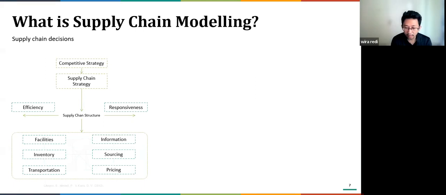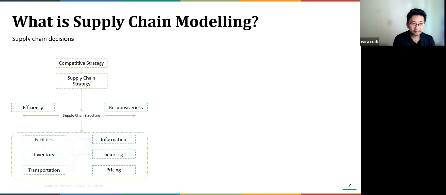Pizza, if you order and it takes so long, and when it arrives at your home it's already cold, that's not good, right? So Domino's is trying to have a competitive advantage by applying a supply chain strategy that tends to be more responsive by having it delivered fast.